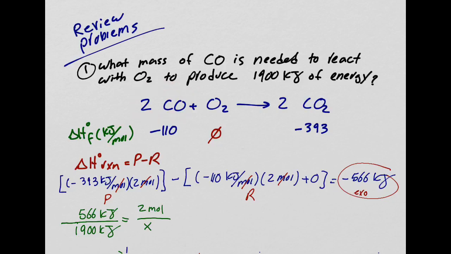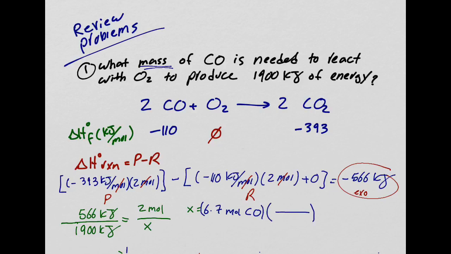Okay, so if I solve for X, X is going to be 6.7 moles of carbon monoxide. Now, it asks you for mass and not for moles. That's okay. If I have moles, can I convert it to mass?